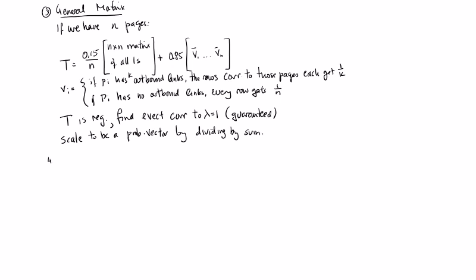Now, as a closing note, this is sort of a computational note, t is the only actual calculation that you need to do here, right? You need to find t. That's easy. Now, for what it's worth, it's not really easy in the sense that if the internet has millions of pages, this is a lot of work.